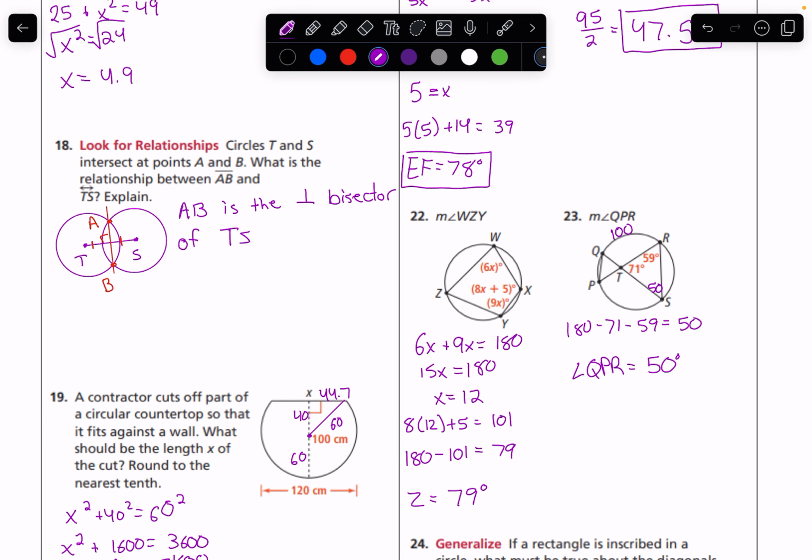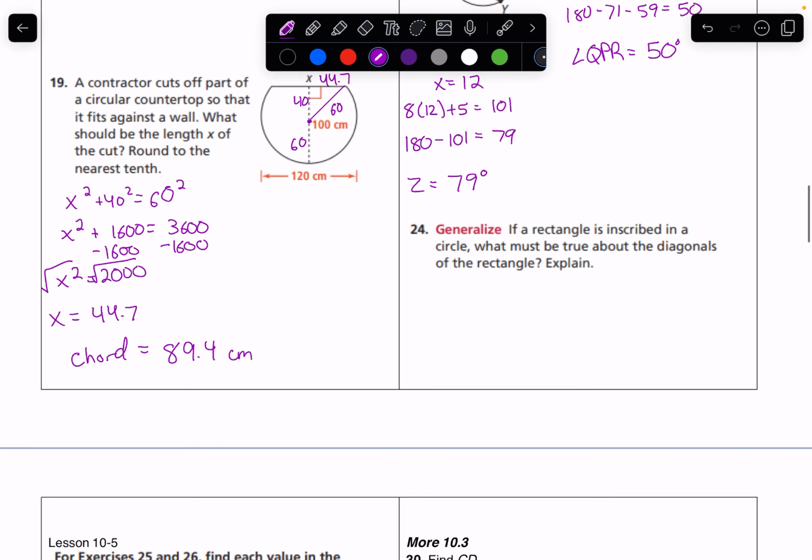Number 24, if a rectangle is inscribed in a circle, what must be true about the diagonals of the rectangle? Explain. So here's a circle, and we'll have a rectangle inscribed in there.